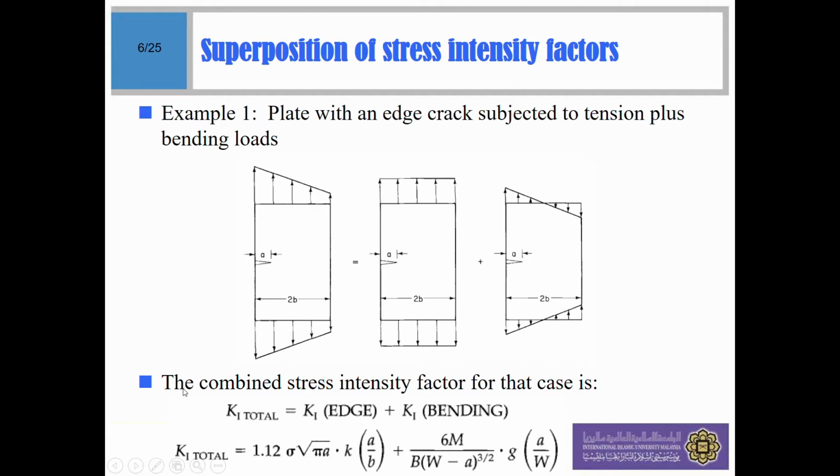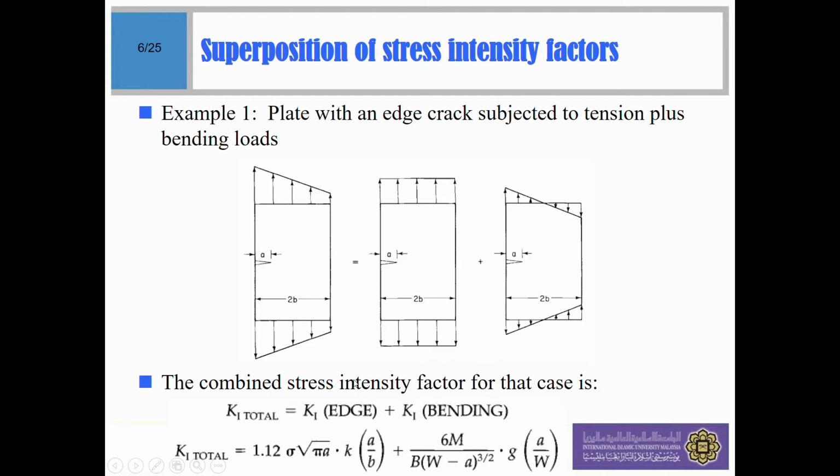How do we calculate the stress intensity factor? In this case, the K1 total is the K1 of the edge crack under the tension load, plus the edge crack under the bending load.